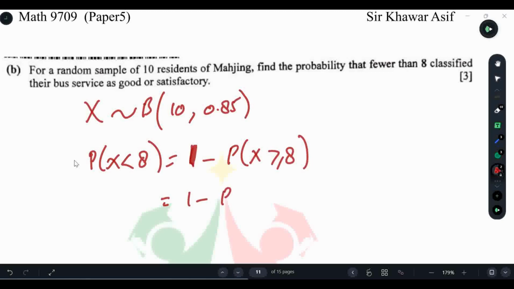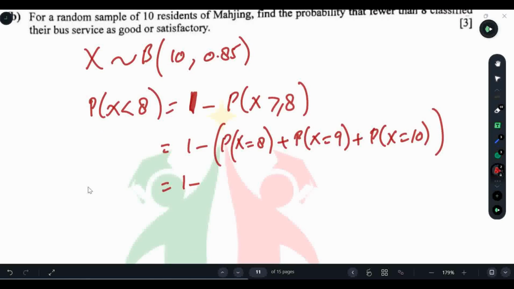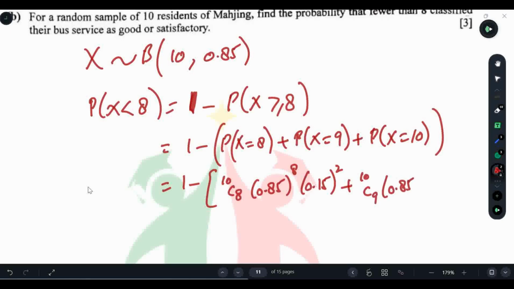That means 1 minus the sum of the probabilities of x equals 8, x equals 9 and x equals 10. Using the binomial formula: 1 minus [10C8 times 0.85 to the power 8 times 0.15 squared, plus 10C9 times 0.85 to the power 9 times 0.15, plus 10C10 times 0.85 to the power 10 times 0.15 to the power 0].